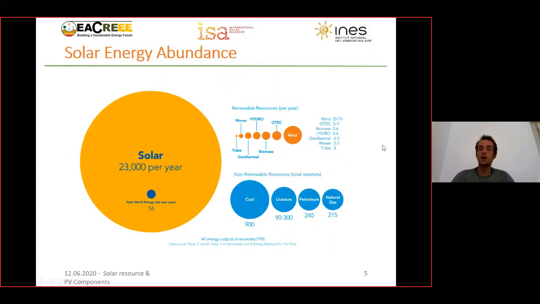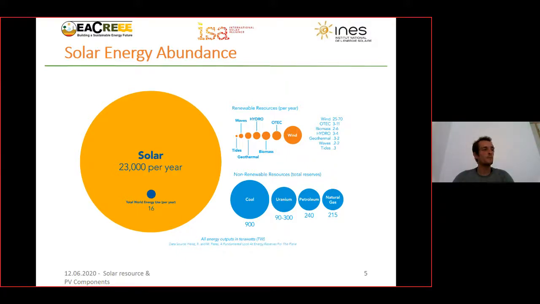So if we take all the potential of solar energy, that is to say, we have just seen that we can receive 1,000 watts per square meter for each square meter at ground level. If you take all the square meters from half of Earth, that is day, and the other half is night, you will get a fantastic amount of energy during 1 year that you can then convert into electricity.